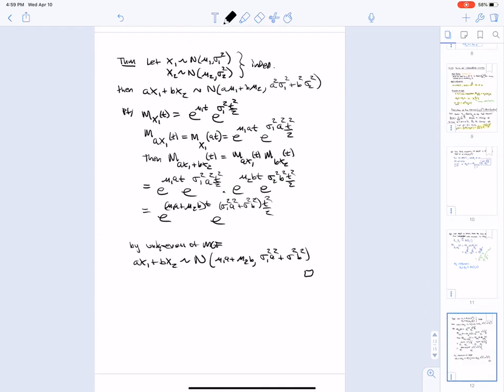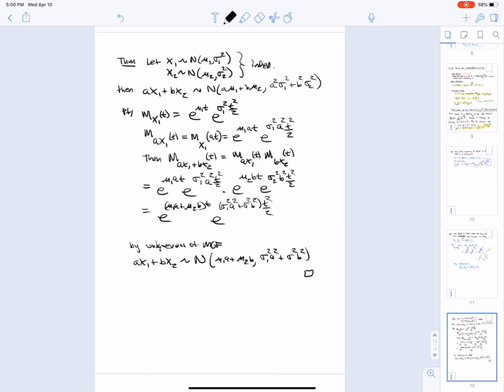Finally, we showed that if you have two independent normals, then any linear combination of those two independent normals is normal with mean the linear combination of the means and variance a squared sigma 1 squared plus b squared sigma 2 squared.